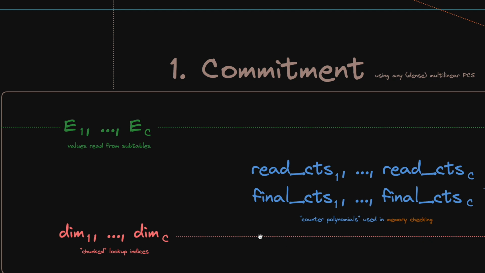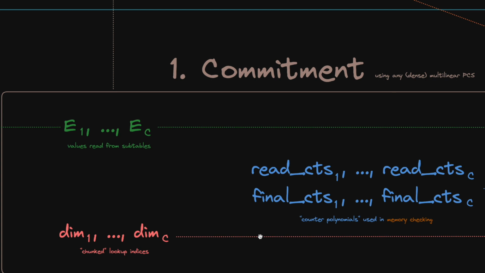And this can be done using any multilinear polynomial commitment scheme, in particular a dense multilinear PCS as opposed to a sparse one. For example, in the Lasso implementation, as in Spartan, it uses Hyrax as the PCS, but you could sub in something else, yielding different performance characteristics or other properties.